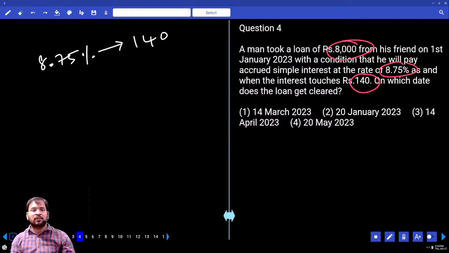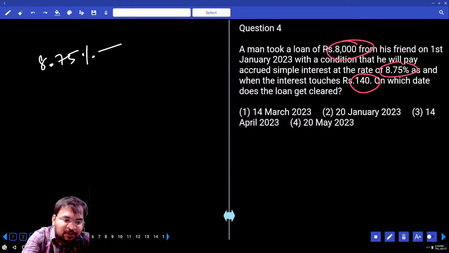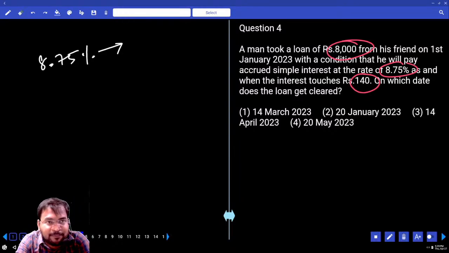Are you clear? Then here, 8.75% is the interest for 1 year on 8,000, but we need only 140. First of all, see how much percent of 8,000 is 140.